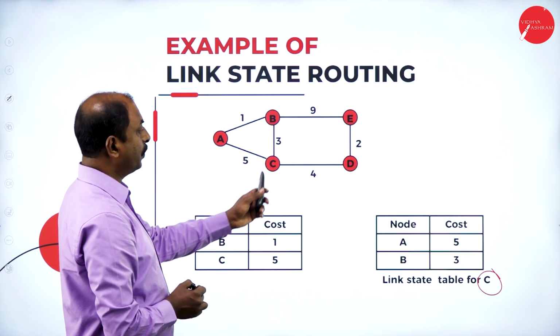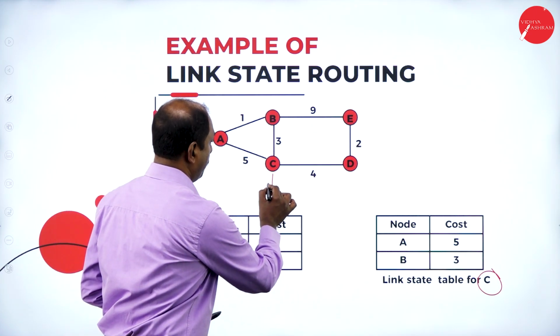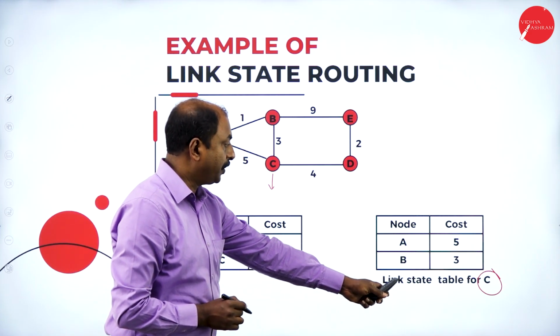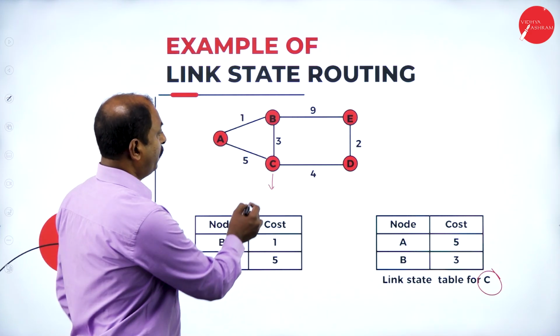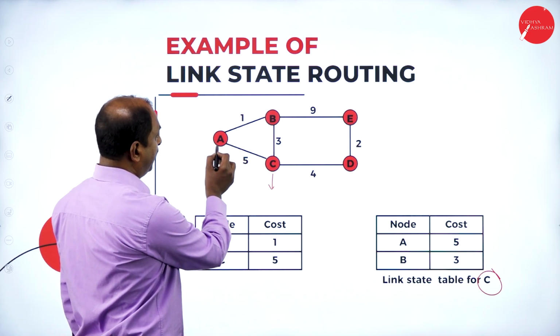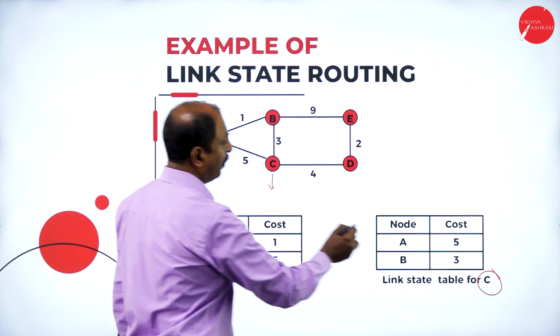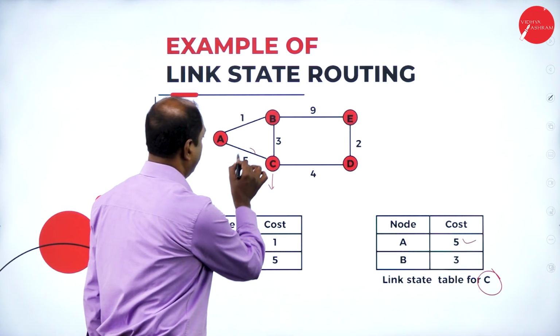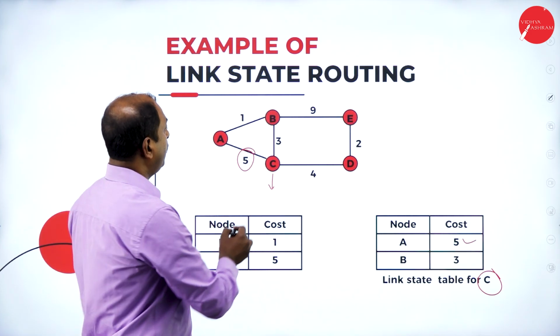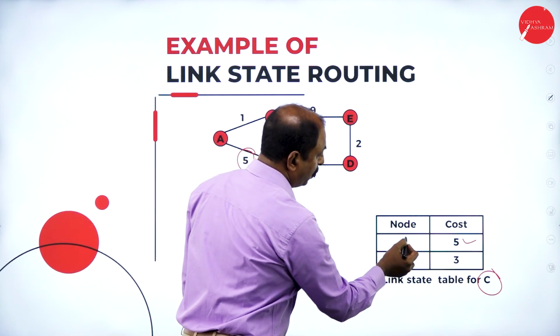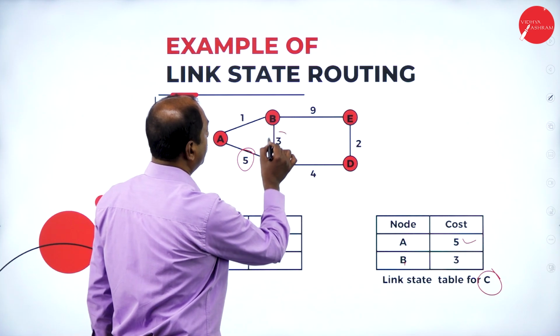Now if you look at router C, what is the link state information here? From C, the destination node is A, and the cost is 5. And again it is connected to B, for example. So the node is B, and the cost is 3.